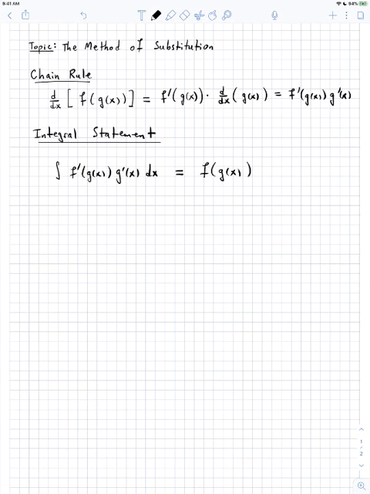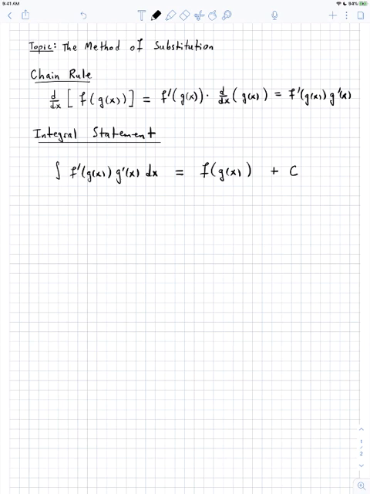Now, the indefinite integral is the general antiderivative. So for that I need a plus c at the end, where again c is the constant of integration. It's an arbitrary constant because the general antiderivative isn't just one function, it's a whole family of functions. You get a different function for each value of c.